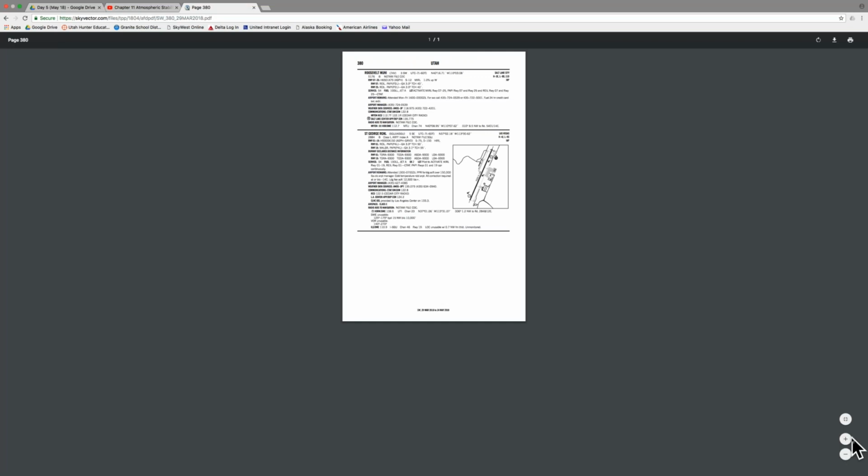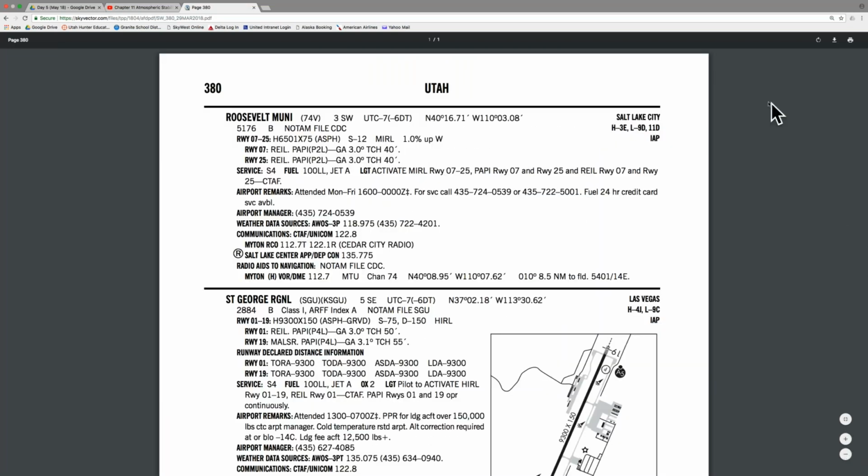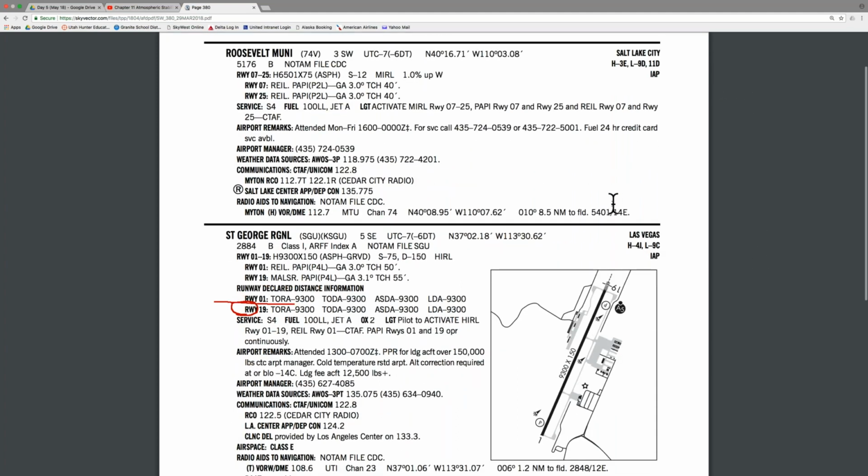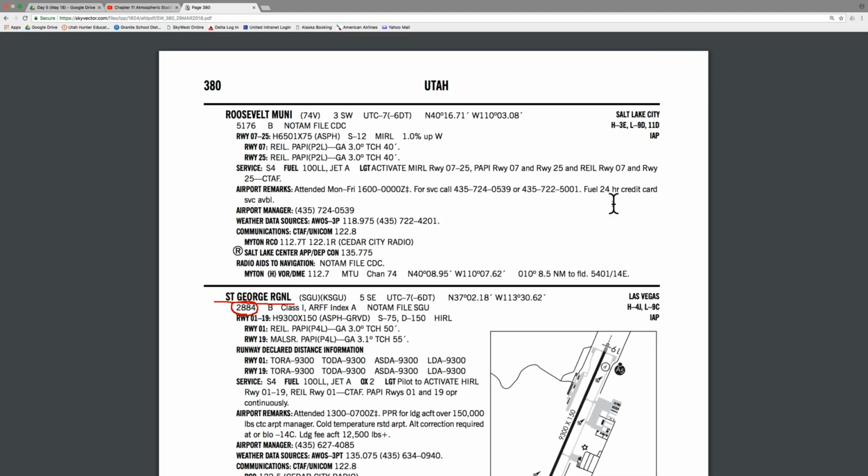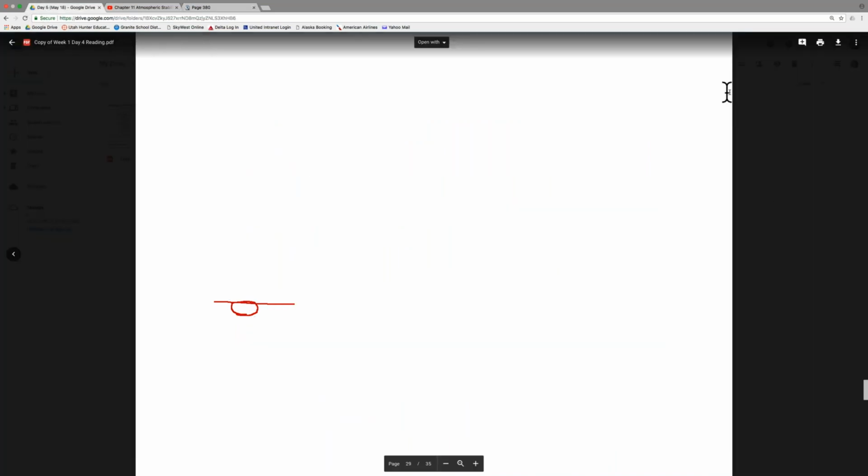Let me zoom in here. Okay, St. George Regional Airport is right here. This is the field elevation right here. Another place that we can see that, is not on this page, but we can see it in our Jeppesen charts when we pull those up. Okay, so 2884.